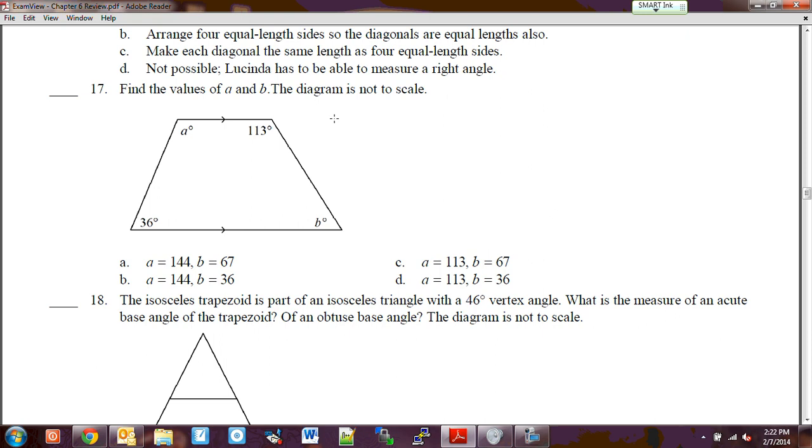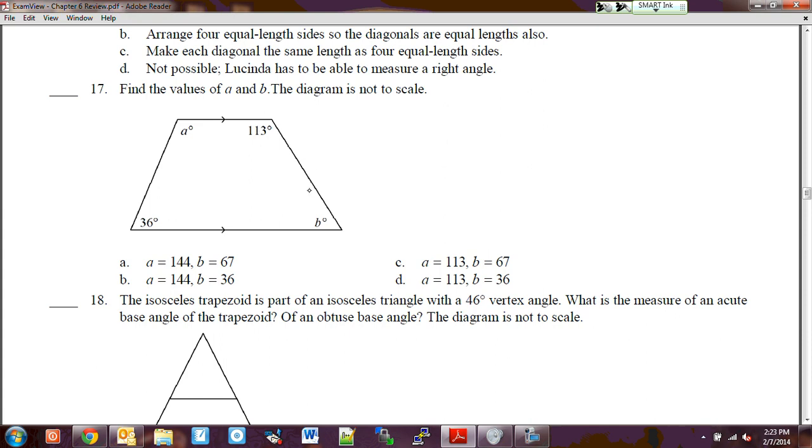17. Find the values for A and B. All right, well, since we have a trapezoid here, because these two are marked congruent, these two are marked parallel, and these are not marked parallel, so we know it's a trapezoid. Well, we know adjacent angles or consecutive angles in a trapezoid are supplementary.